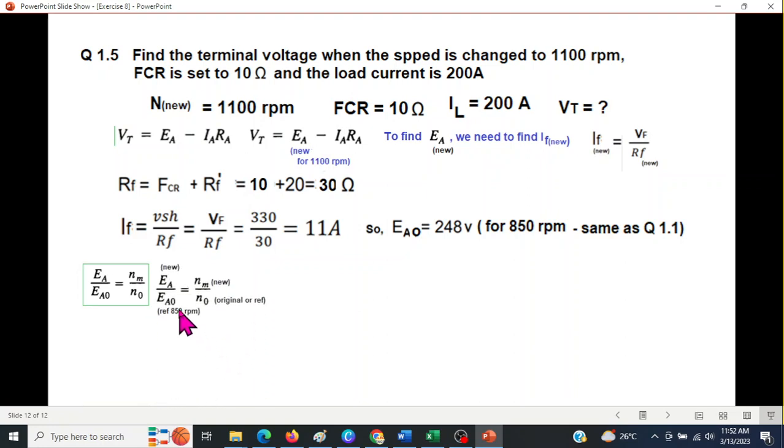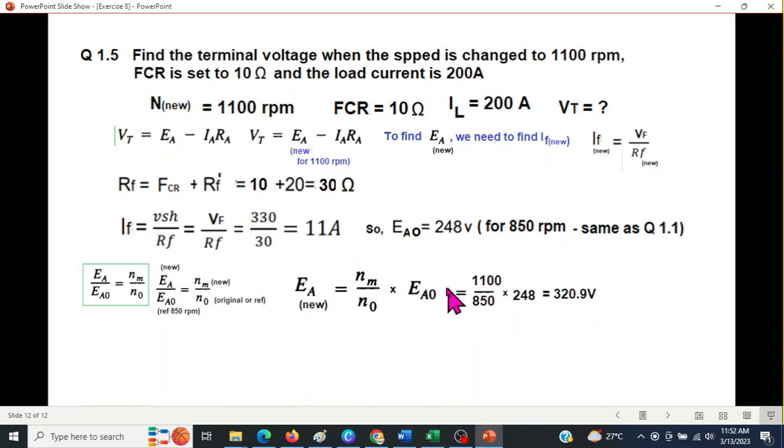We can rewrite it like EA new and EA for 850, N new and the original one. So EA new from here will be this formula, plugging in the values here. New speed 1100, old speed was 850, EAO old was 240, therefore EA new is 320.9 volt.